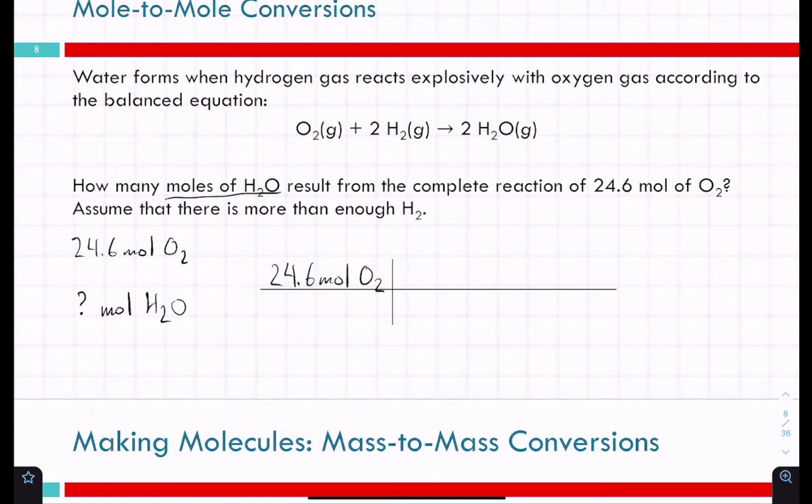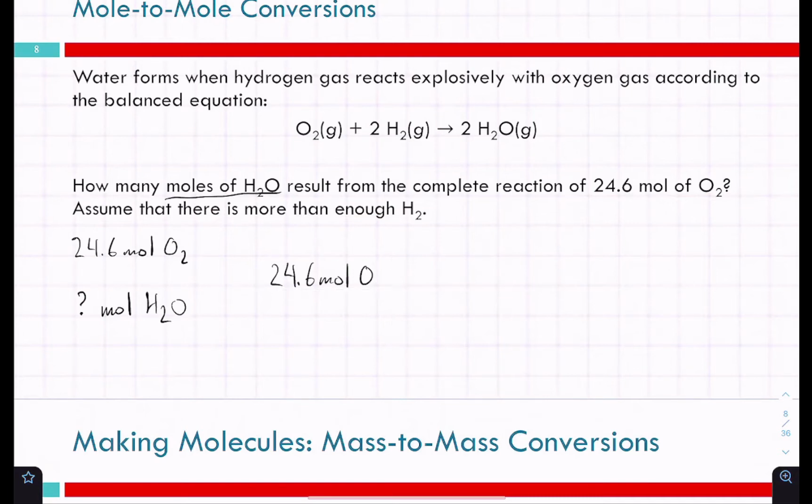And in all of these problems, it's going to be taking the number of moles that you have, or sometimes you first have to calculate the number of moles, and then figuring out the ratio between what you have and what you're looking for from your balanced chemical equation, and then setting up a unit conversion problem, unit analysis problem.